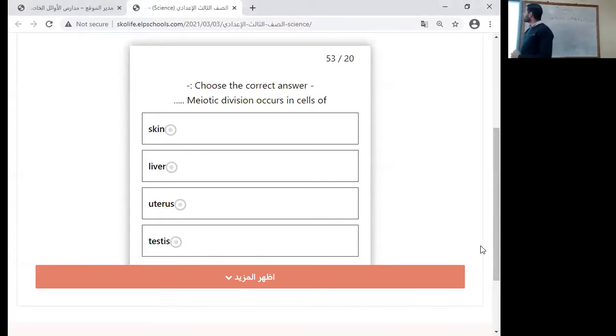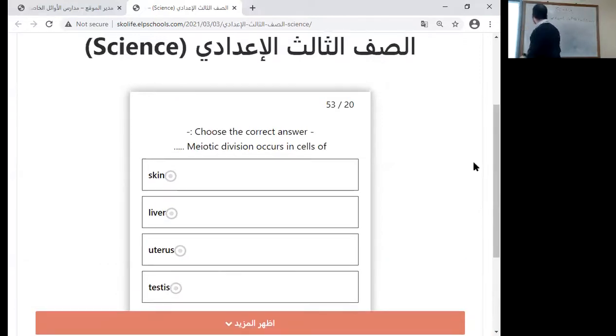Meiotic division occurs in cells of what? As we know, there are two types of division, which are meiotic and mitotic.